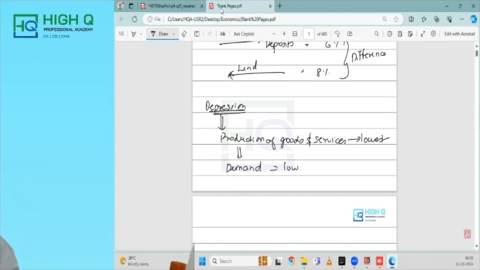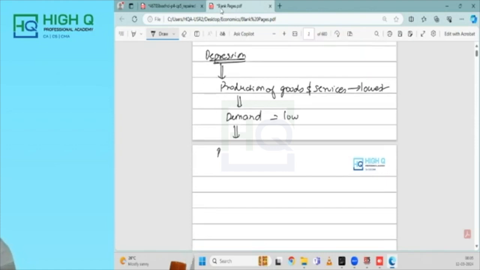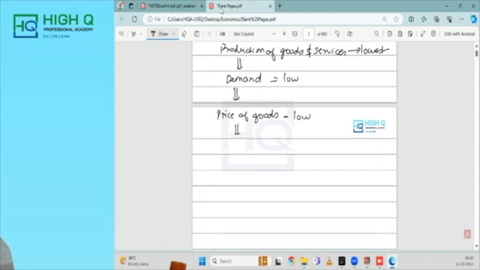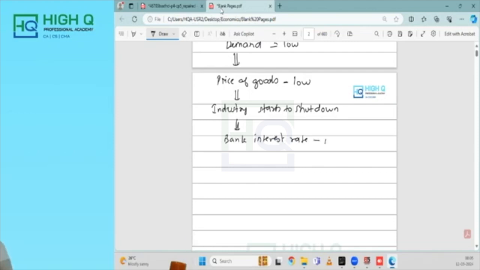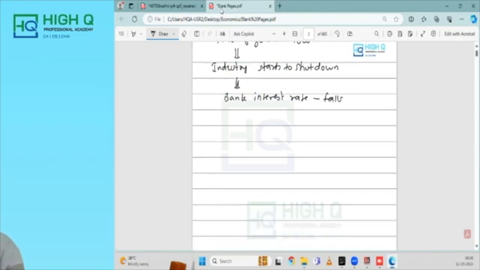Yes or no. Prices of goods are low. Industries start to shut down. Yes or no. Bank interest rate falls. Yes or no.